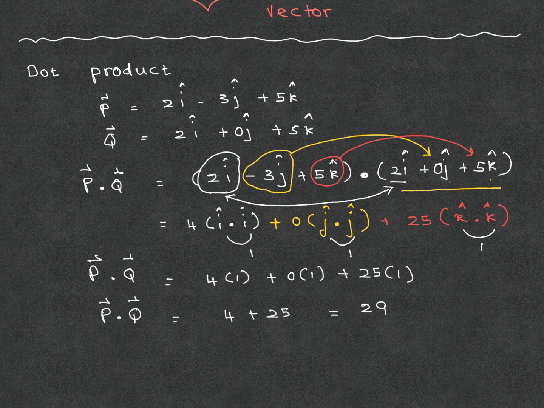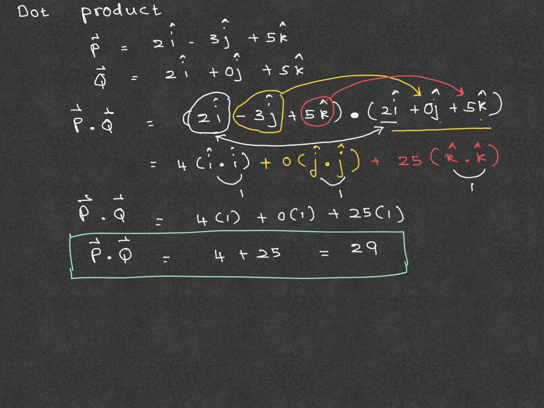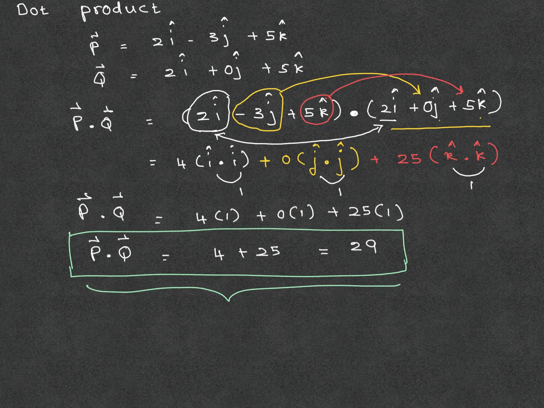Now you can see that the P dot Q ended up as a scalar. This has no vectors. P dot Q equals 29. That's it. And this is a scalar. So this is what you have to do when someone's asking you to find the dot product between two vectors.